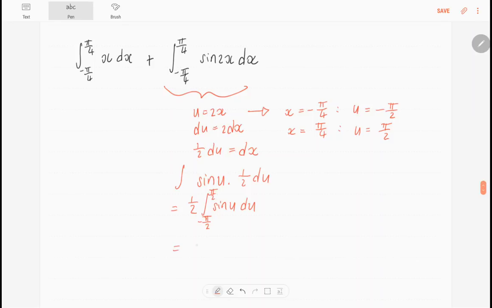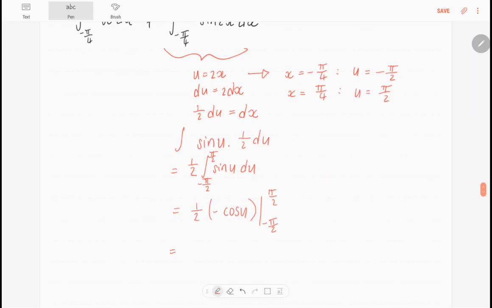So we have a half, and the integral of sin u is minus cos u. And it's between minus pi over 2 and pi over 2.